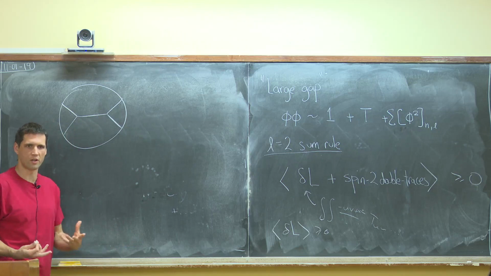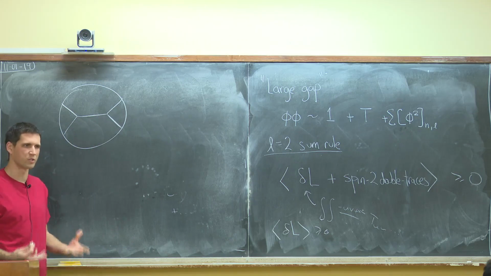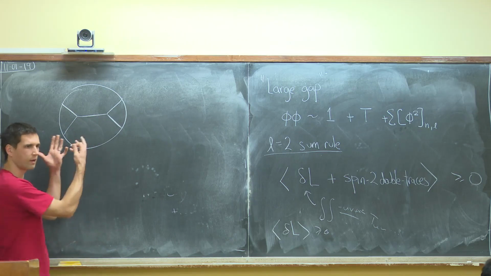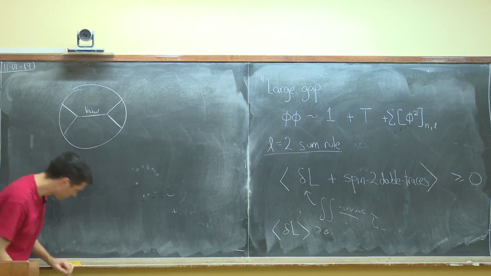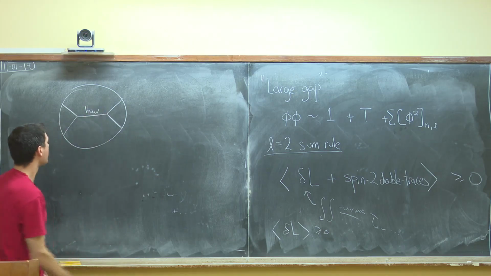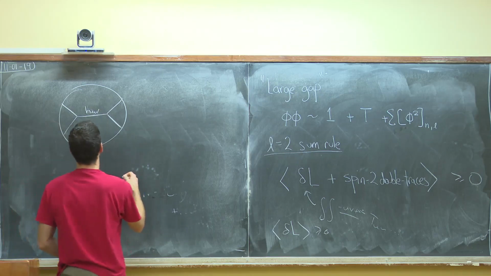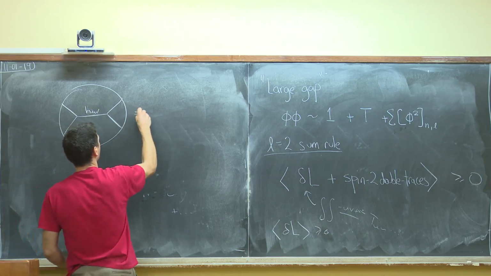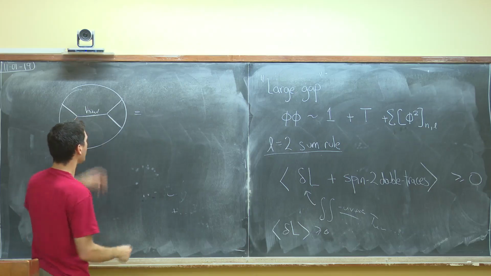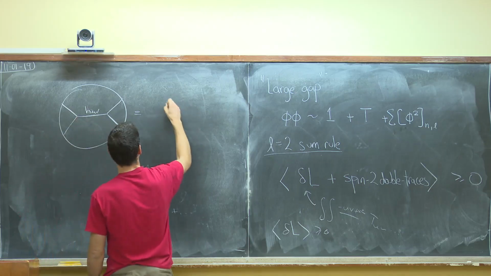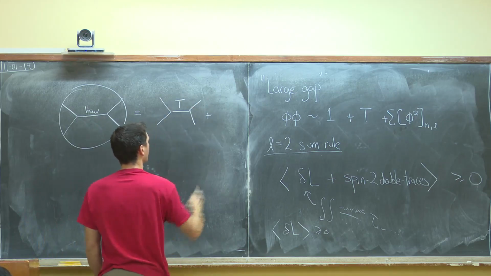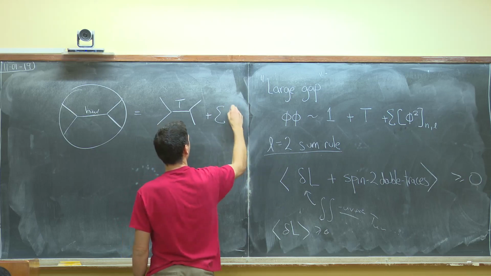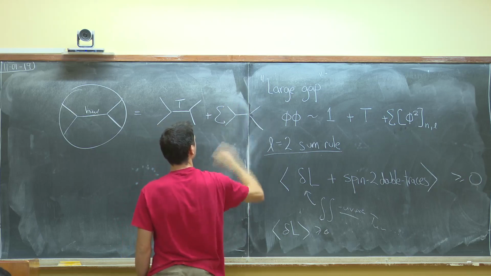you don't get to put things on geodesics when you evaluate a position space 4-point function. You have to calculate a Witten diagram. And there'll be some graviton running inside this Witten diagram. When you take a Witten diagram with a graviton and you decompose it into operators, there's a contribution from the stress tensor, but there's also the contribution from all of the double trace operators.